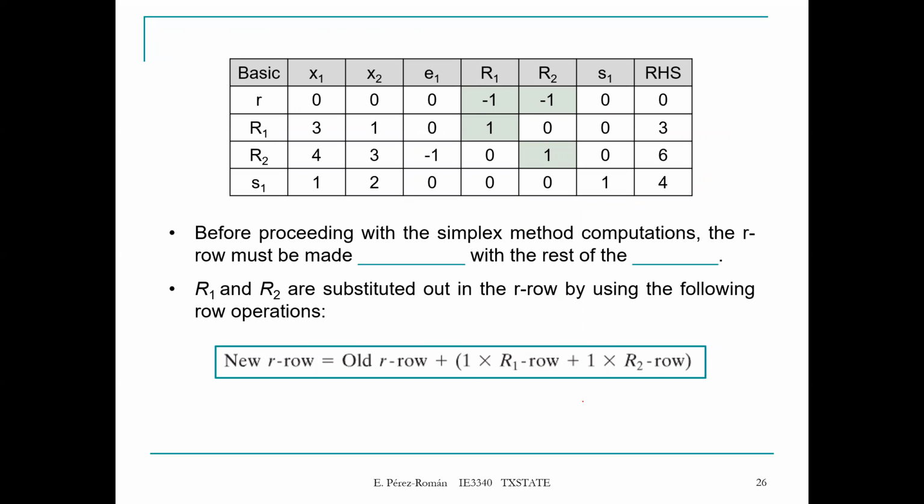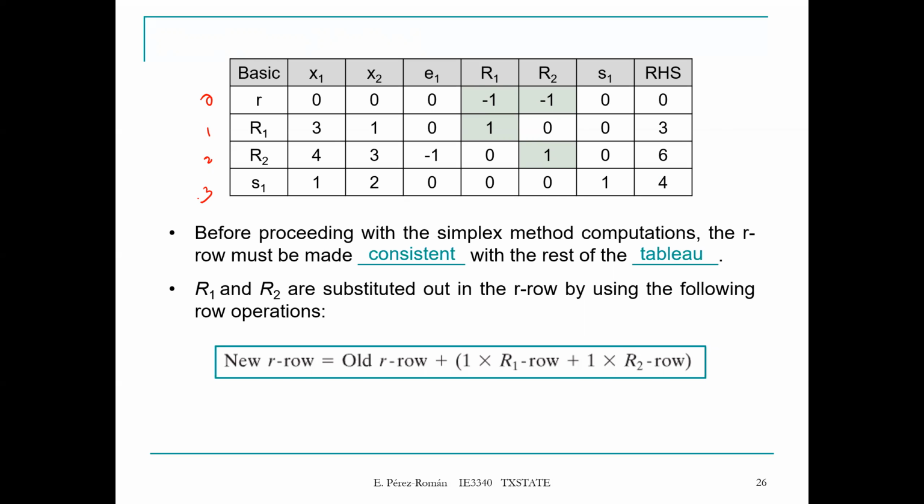Before proceeding with the simplex method for phase 1, the R row, which is that row 0, must be made consistent with the rest of the tableau, as we did for the simplex method. So R1 and R2 are substituted out in the R row by using the following operation.